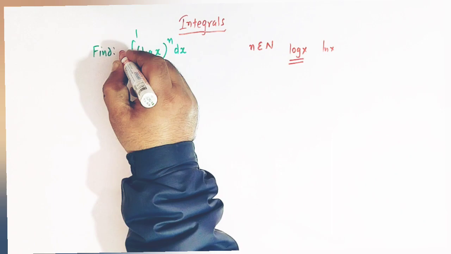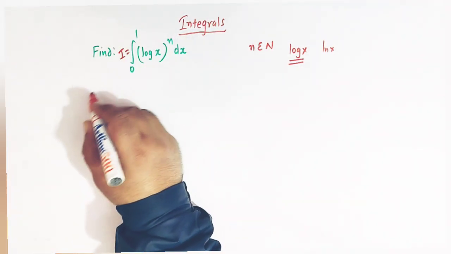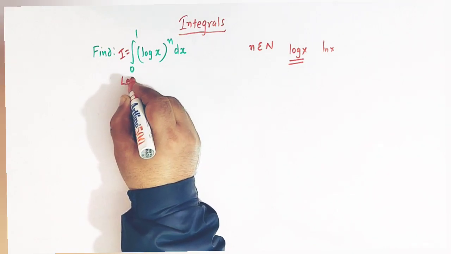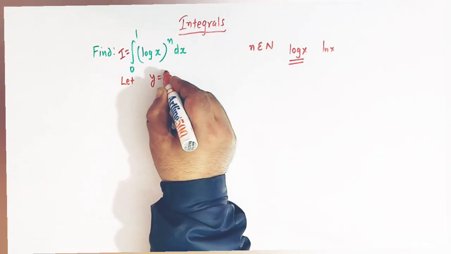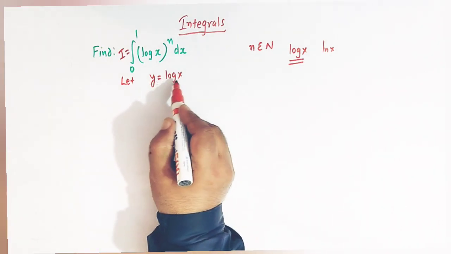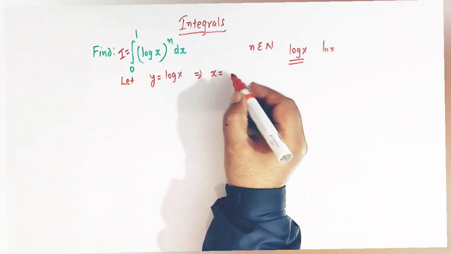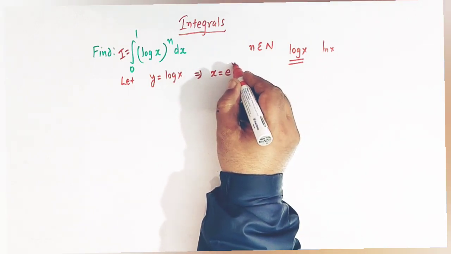Let us take this integral as I, and let us make the substitution y is equal to log of x. So it implies that x is equal to e raised to y.